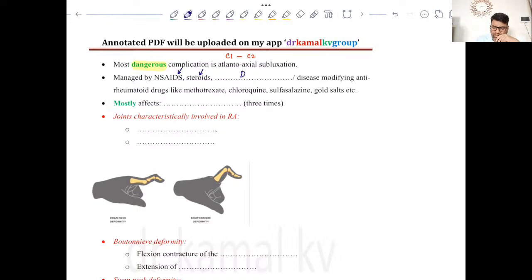Then there is one class of drug which we use, this is known as DMARDs. So this is disease modifying anti-rheumatoid drugs. Clear? So disease modifying anti-rheumatoid drugs, and it includes methotrexate, chloroquine, sulfasalazine and gold salts.